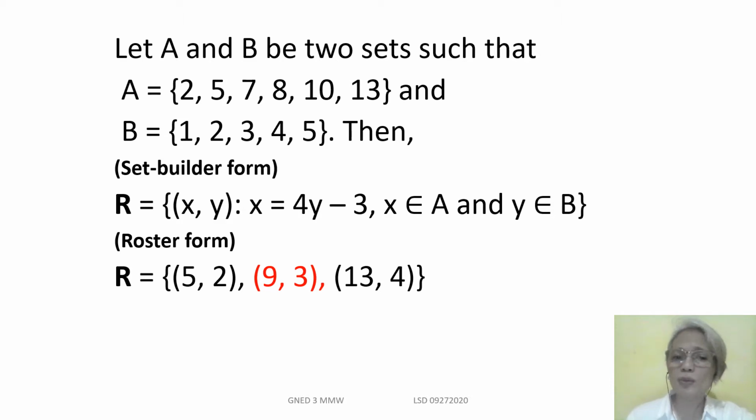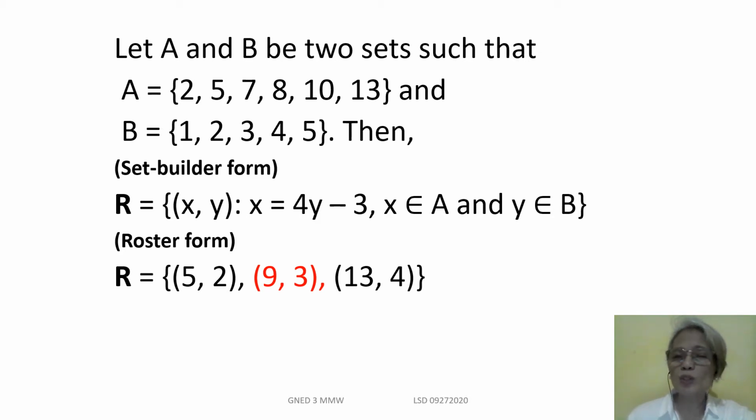We are asked to form the set R whose elements are ordered pairs (X, Y), where X is solved using the equation X = 4Y minus 3, and X must be an element of set A, and Y must be an element of set B. This tells us that we should first choose the value of Y from set B, and solve for the value of X using this equation.